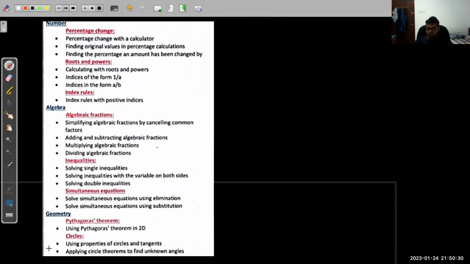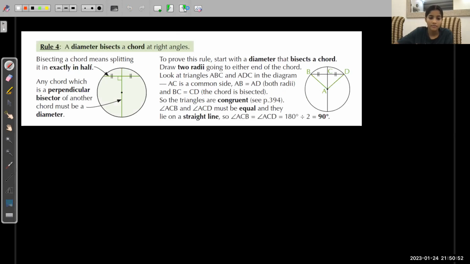This one we just finished, circles. Circle properties and tangents, that also we covered. Tangent also we discussed. Right. So Pythagoras theorem, if you need, I can do a few questions after this part.